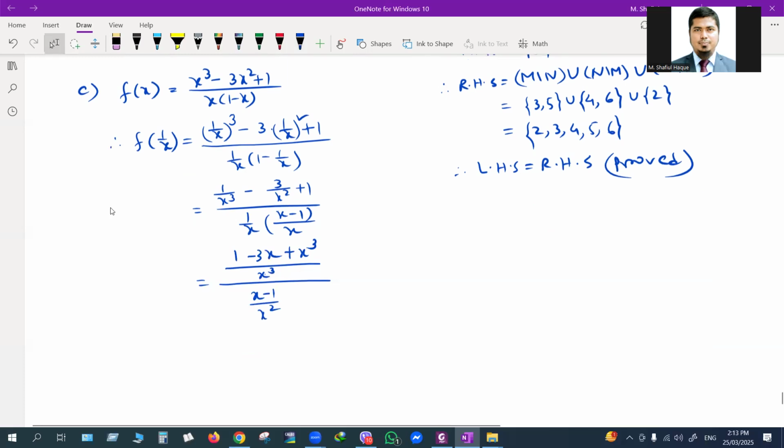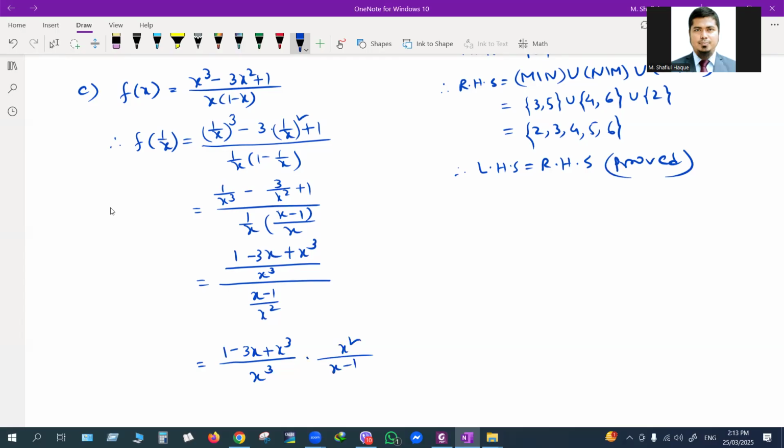Now we will advance the calculation. We can take the reciprocal of the first fraction. The numerator fraction will be unchanged: 1 minus 3x plus x cubed divided by x cube, and the denominator fraction we take the reciprocal, so x square will be the numerator.